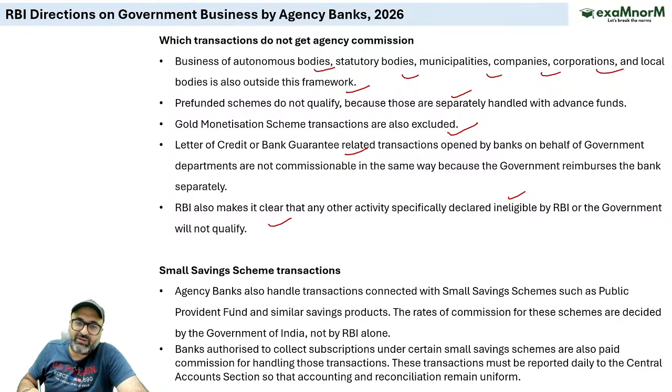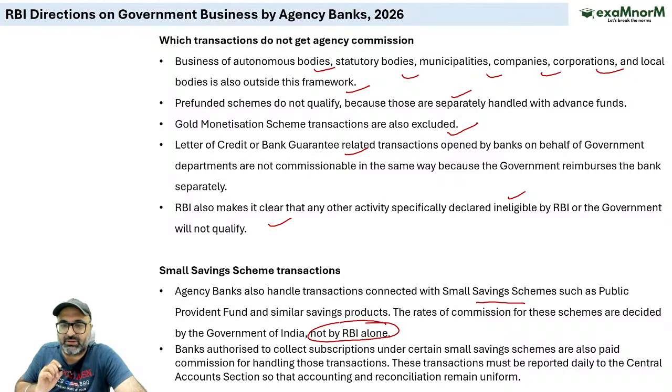Small saving schemes: agency banks also handle the transactions connected to small saving schemes such as public provident fund and similar saving funds like national saving certificates. The rate of commission for these schemes is decided by the government, not by RBI alone. Remember this point. It is decided by the government, not by RBI alone. Okay? Is this point clear?